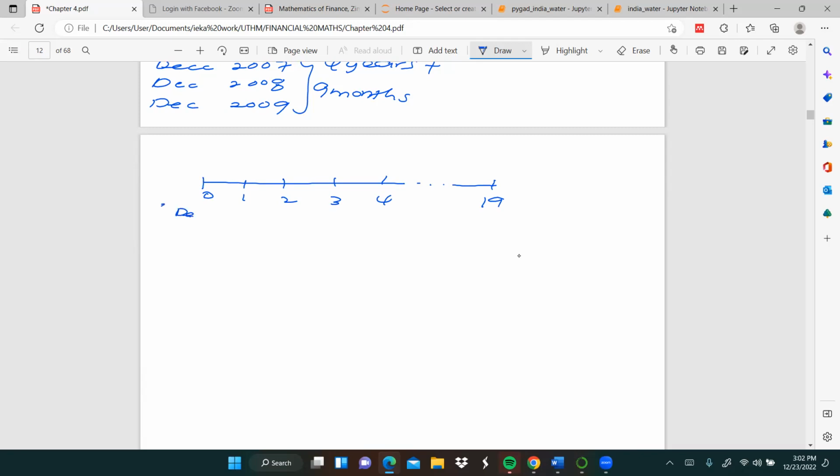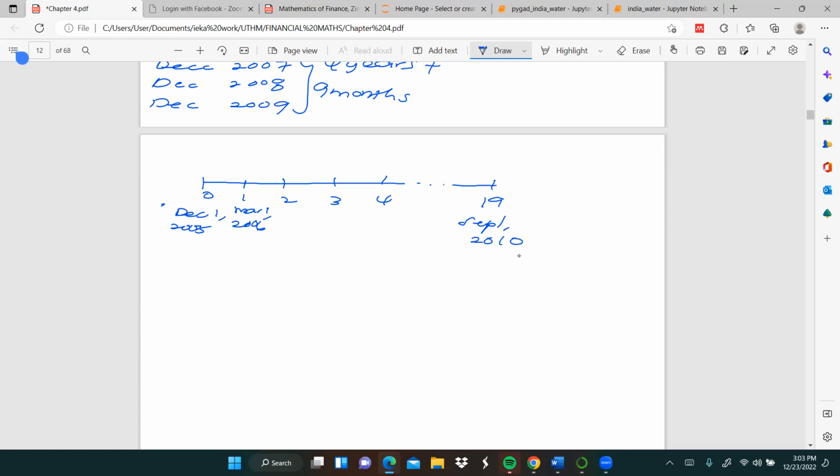Okay, this is December 1, 2005. This is March 1, 2006. And this is the last one, September 1, 2010.